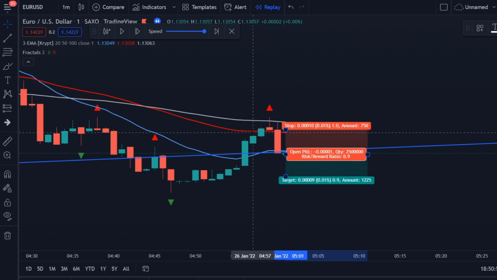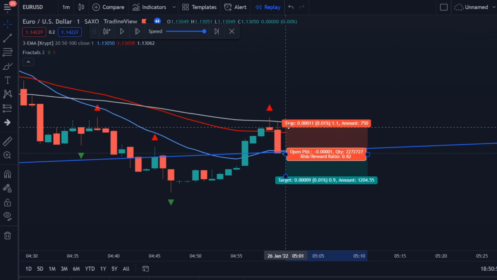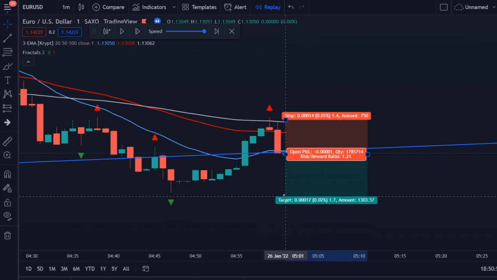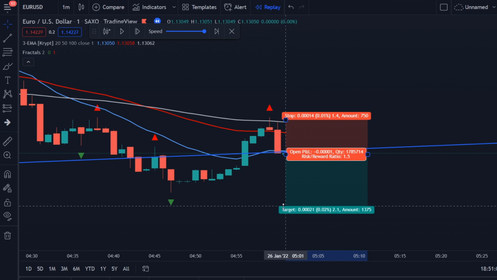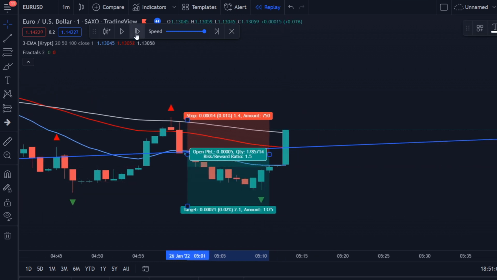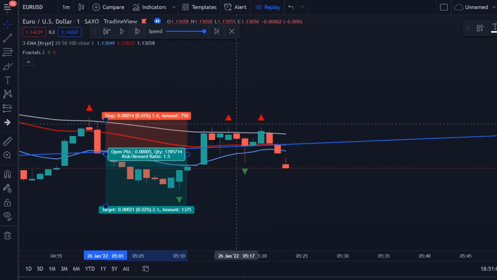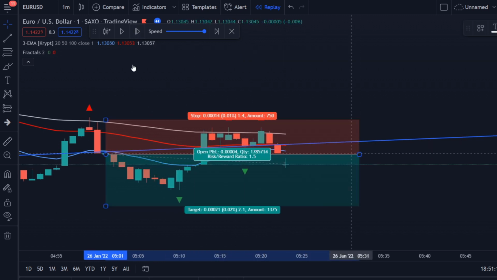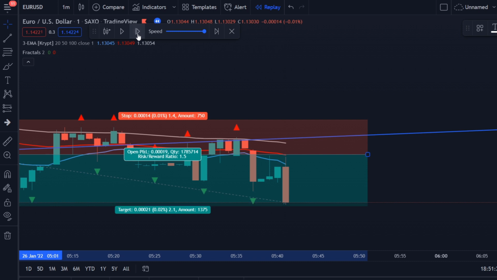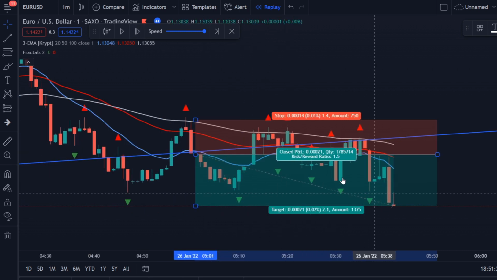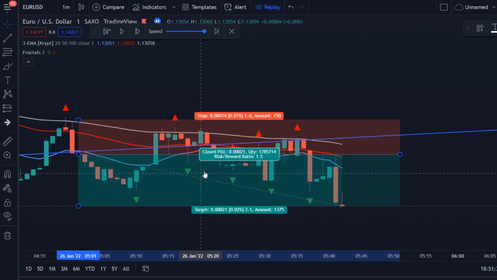Because it has hit our 50 exponential moving average, we place it above the 100, and then we take a 1.5 to 1 risk reward ratio trade. And as you can see, it almost has hit our TP, and then finally it has hit our target. So that happens as well, that you need to wait for 30 minutes, 40 minutes, 1 hour.